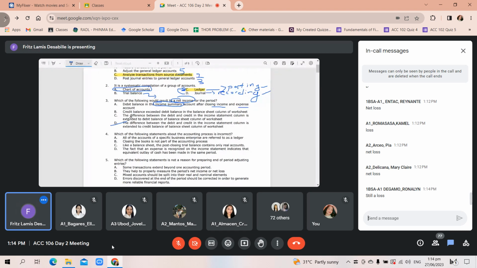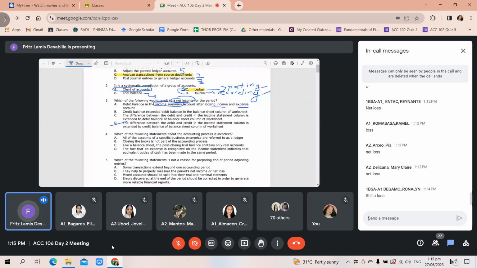Okay? So the total of the credits exceeds the total of the debits in the income statement columns. Again, listen to me. If the total of the credits exceed the total of the debits in the income statement column, there is a net income, obviously, because credit is revenue or sales and debits are expenses. So if sales are higher than expenses, that is net income.